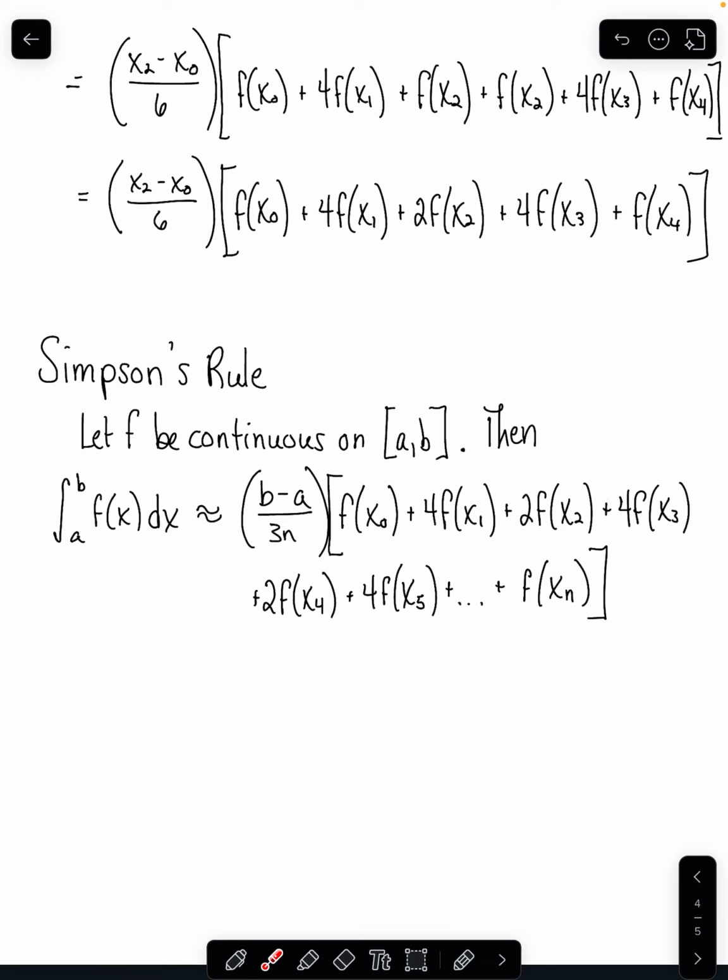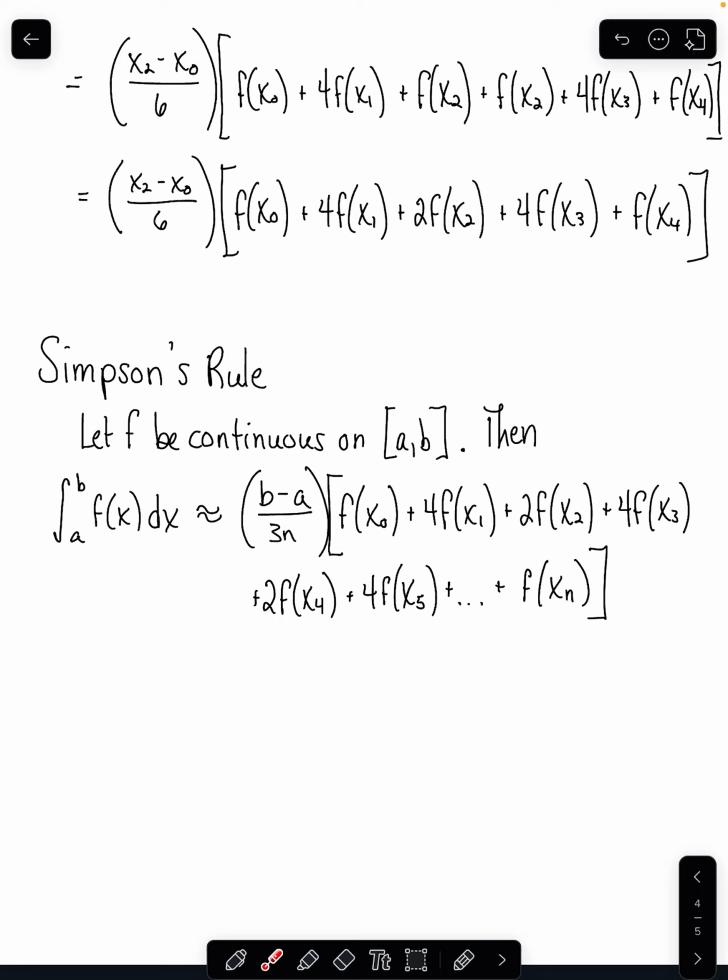The interior ones overlap with each other because there is a double subinterval to the left of x sub 2 and a double subinterval to the right of x sub 2. There is no double subinterval to the left of the beginning, and there is no double subinterval to the right of the end.